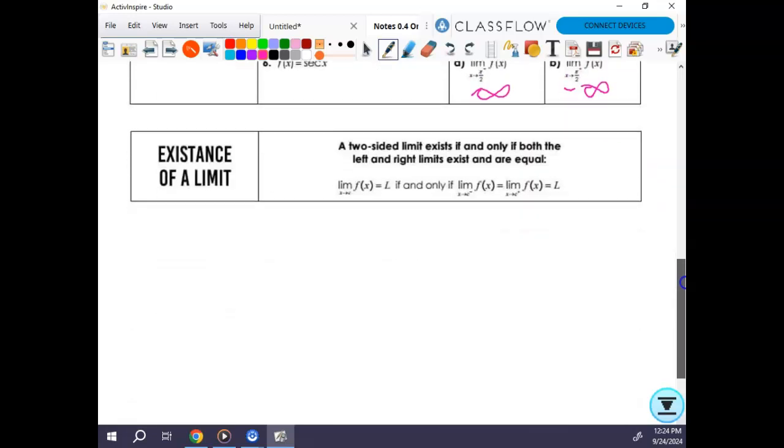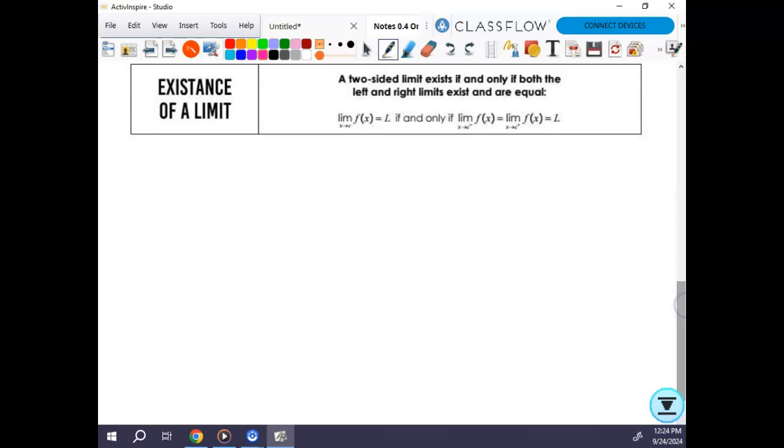All right. So down here we have the existence of a limit. A two-sided limit. So those were one-sided limits, just coming from the left, coming from the right. A two-sided limit exists if and only if both the left and right limits exist and are equal. So if I just said the limit as x approaches 2, it's like I approach the fridge, right? As we're approaching that, we have to end up in the same spot.